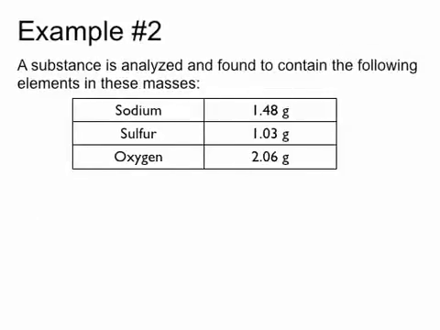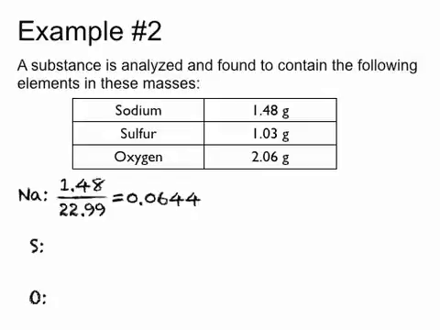Example 2, again we have a substance analyzed and found to contain the following elements in masses: sodium 1.48 grams, sulfur 1.03 grams, and oxygen 2.06 grams. So we've got sodium, sulfur, oxygen. 1.48 grams divided by 22.99 gets us 0.0644 moles of sodium. 1.03 divided by 32.06, which is the molar mass of sulfur, gets us 0.0321 moles of sulfur.